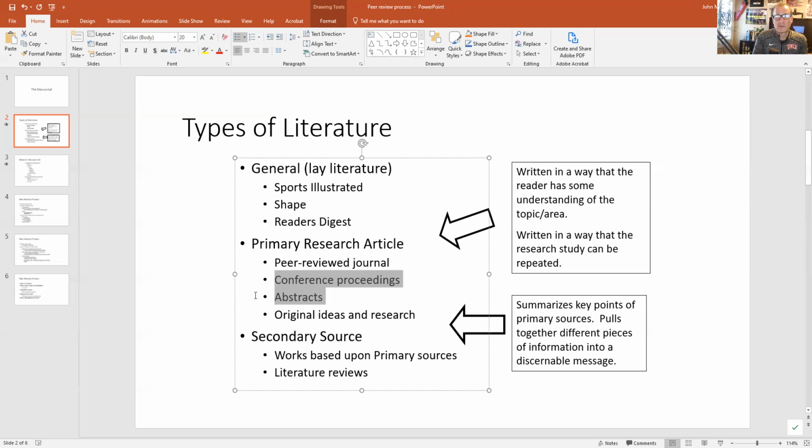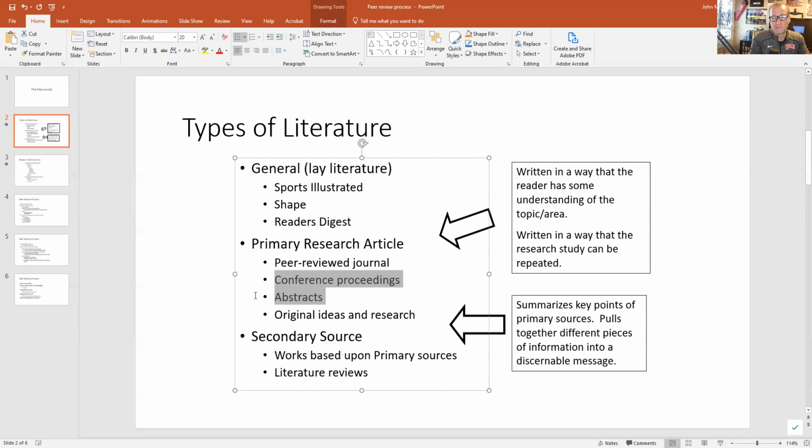However, I don't include these types of primary sources when the conference proceedings or the abstracts were published back maybe 10 years ago or even 5 years ago. If those conference proceedings and abstracts never transition to manuscripts, the value of those abstracts and conference proceedings goes down.